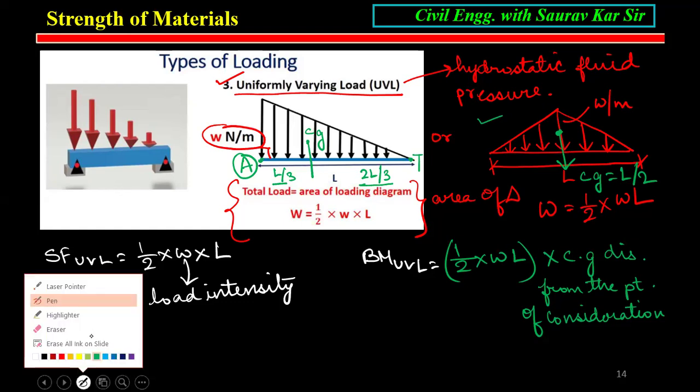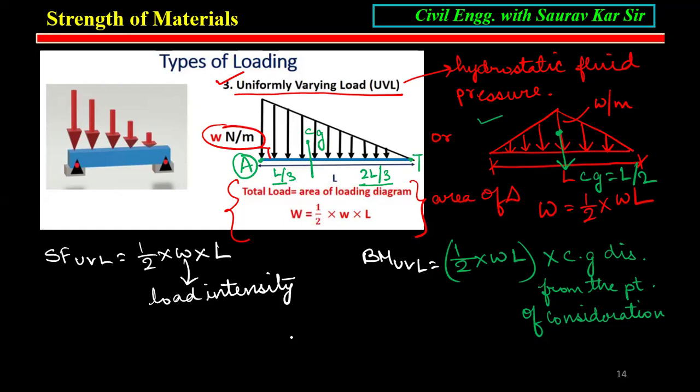Now, another type of triangle, for example a triangle on the left hand side. If I consider the triangle on the right hand side, the CG will be like this.